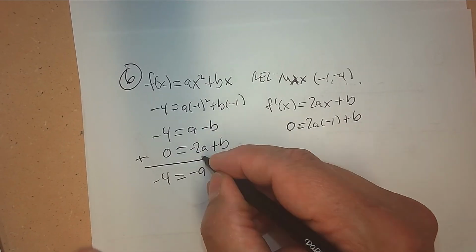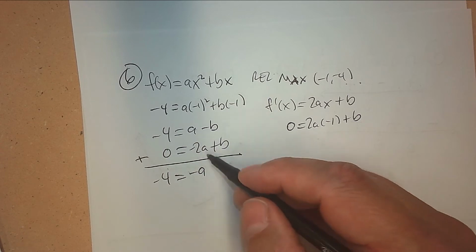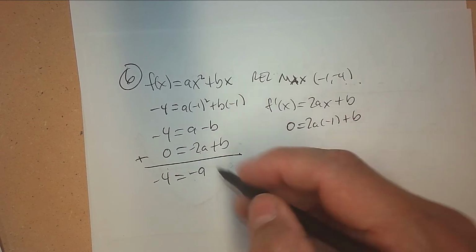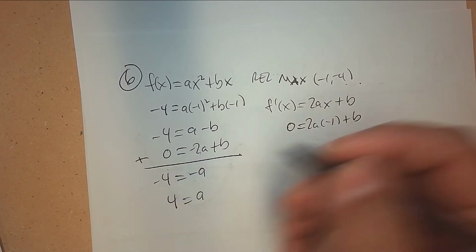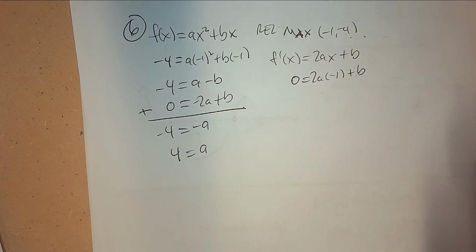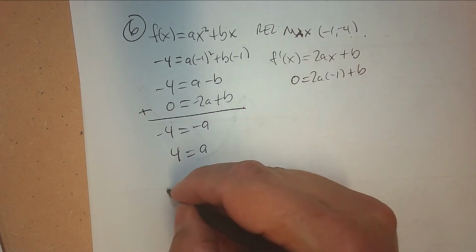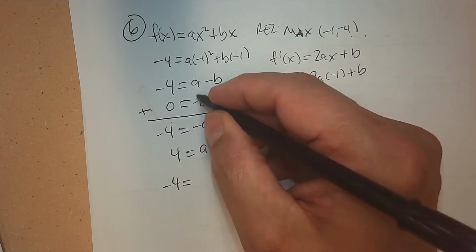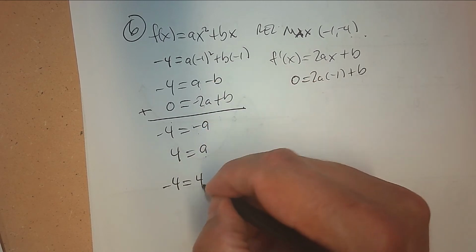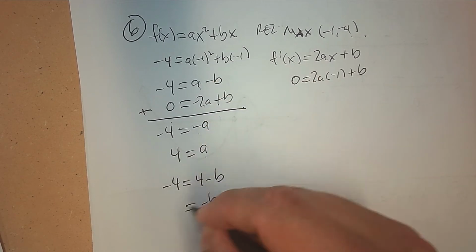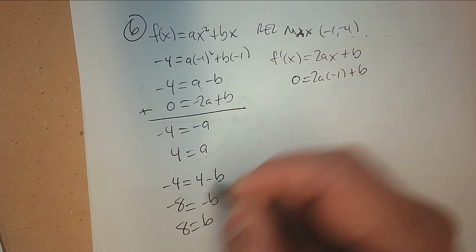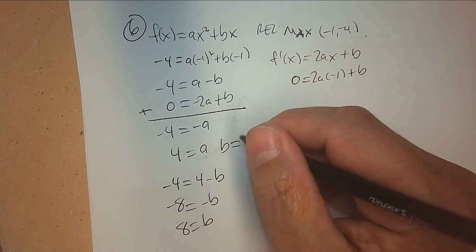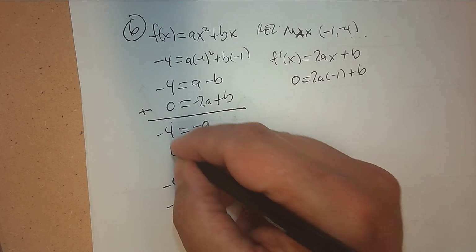Notice -4 plus 0, a plus -2a is -1a, the b's cross out, divide by -1, and a is equal to 4. To find b, you go back into either equation. So if you go back to the top where there's an a, put in 4, and then solve for b, so subtract, divide by -1. So what are your two values? A is 4 and b is 8.